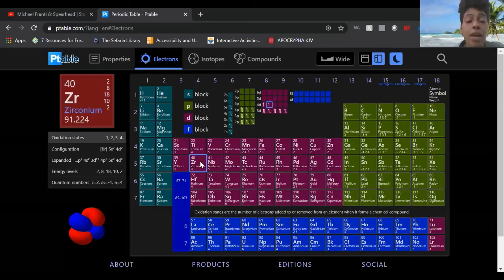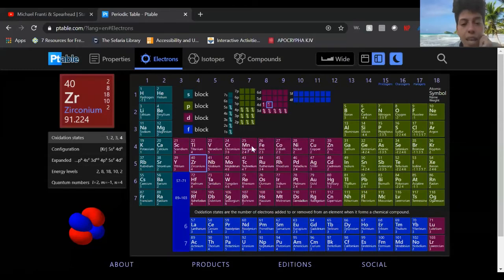So if I was to say what the electron configuration of zirconium would be once it became a 2+ ion, it would be krypton in brackets 4d2. That would be the ion electron configuration for something like zirconium.